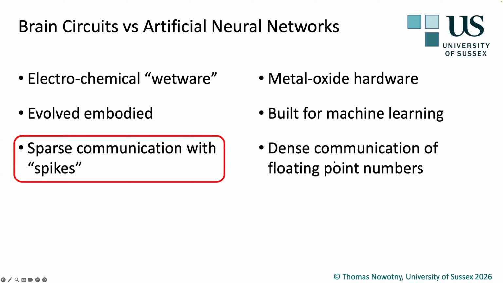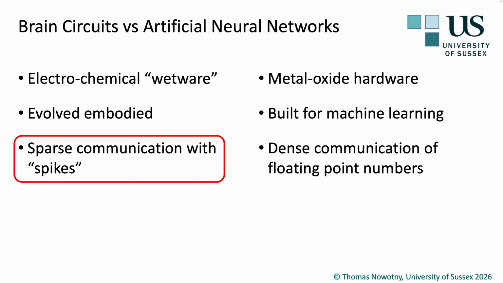But the third thing here is an important one that leads to possible innovation for how to do AI differently. And that's that brains work with sparse communications with so-called spikes, meaning that neurons don't communicate their activation values like the dense communication with floating point numbers that you have in the current artificial neural networks, but they only communicate occasionally by sending a 1 bit message of a spike, and most of the time they're just computing on their own.